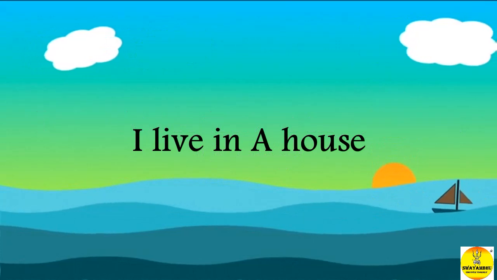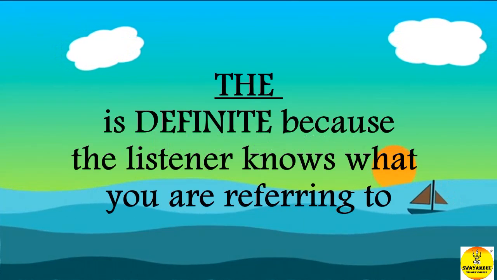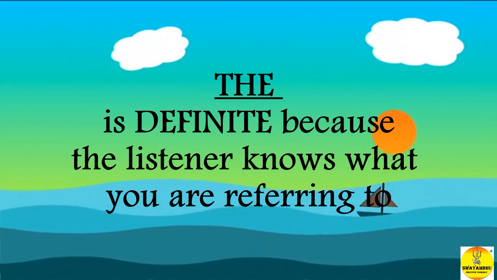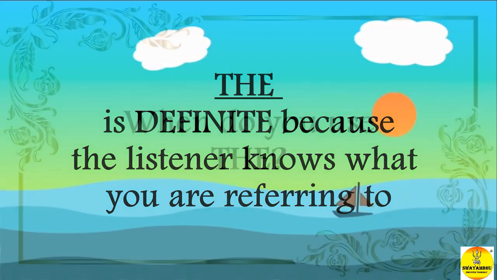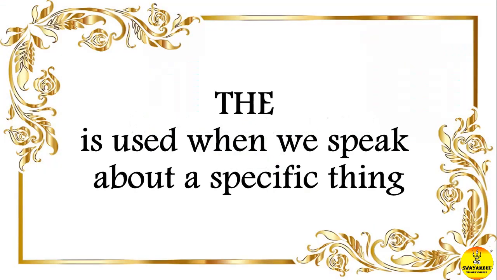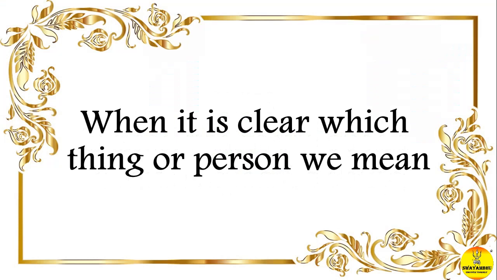I live in a house. The is definite because the listener knows what you are referring to. So when do you use the? We use the when we talk about a specific thing, when it is clear which thing or person we mean.